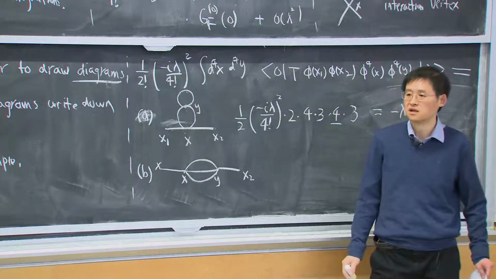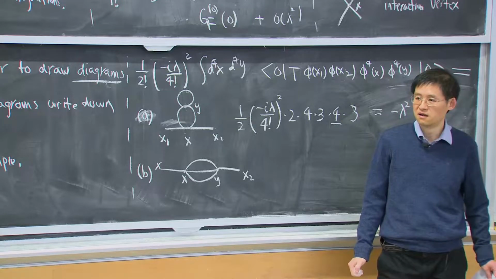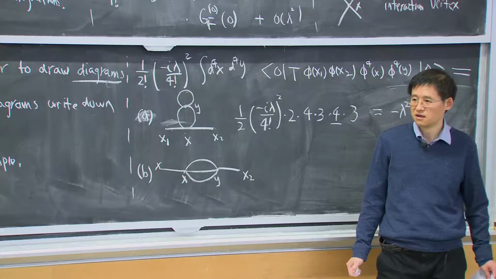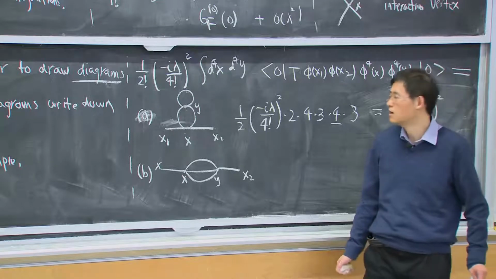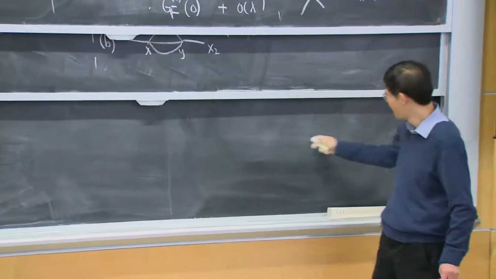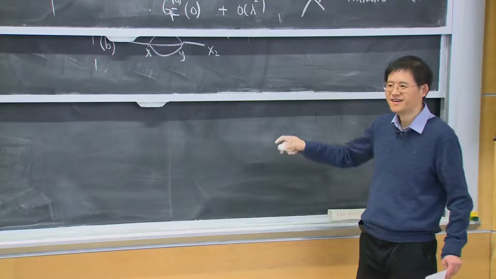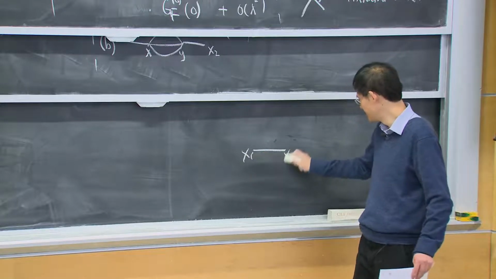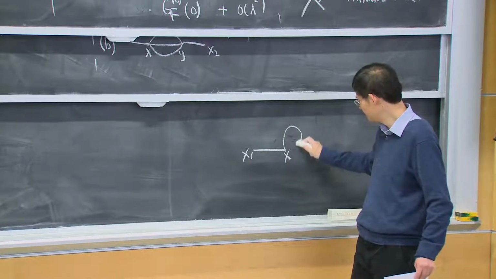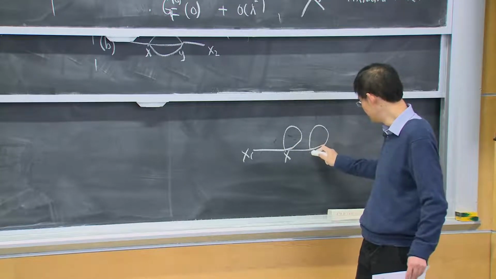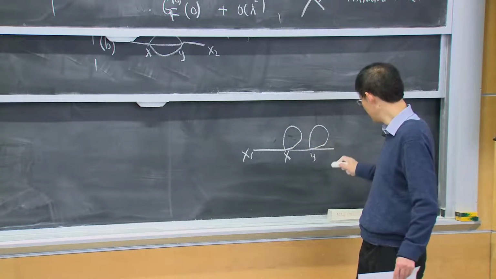We have a diagram: x1 to x, and one loop at x, then x to y, one loop at y, and y to x2.